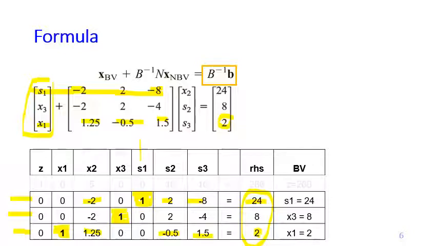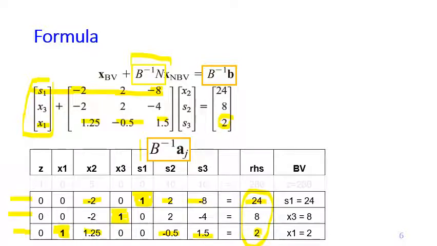Okay. Now for the non-basic variables, you may compute B inverse times N, but if you want to compute just one particular column of non-basic variables, for example the column of S2, you may compute it as B inverse times Aj, where Aj or A of S2 is the coefficient of S2 in the original problem. If you do B inverse times N, you will get all the columns for all non-basic variables.